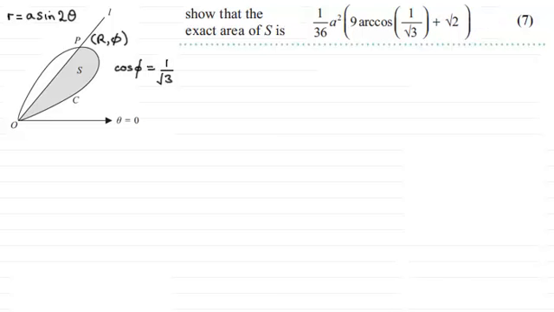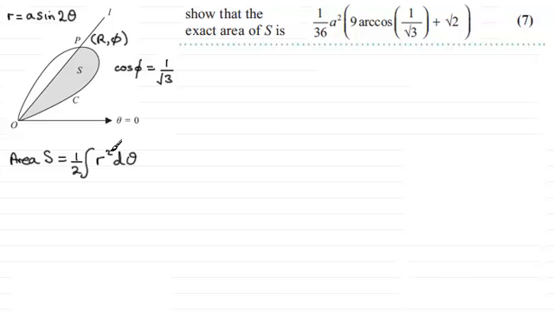Okay, so how do we get then the area enclosed in this region here? Well, we should be familiar with the fact that when you're dealing with polar curves, the area, in this case S, is equal to the general formula, which is a half times the integral of r squared integrated with respect to theta.